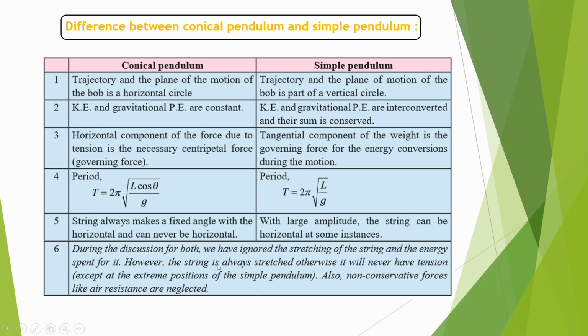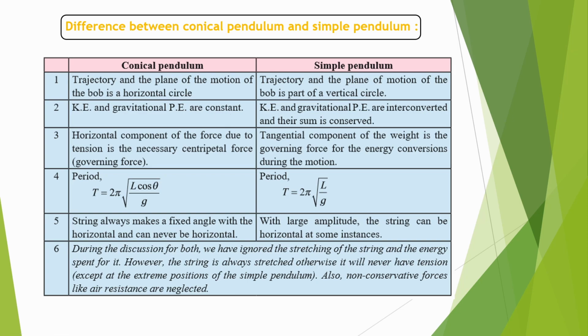However, the string is always stretched, otherwise it will never have tension. Also, non-conservative forces like air resistance are neglected. So that is the distinguishing points between conical pendulum and simple pendulum.